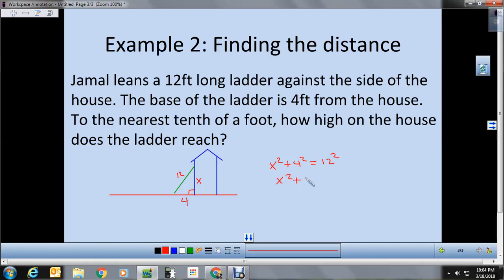X squared plus 16 equals 144. Subtract 16. X squared is equal to 128. Take the square root of both sides, and x is equal to approximately 11.3 feet.